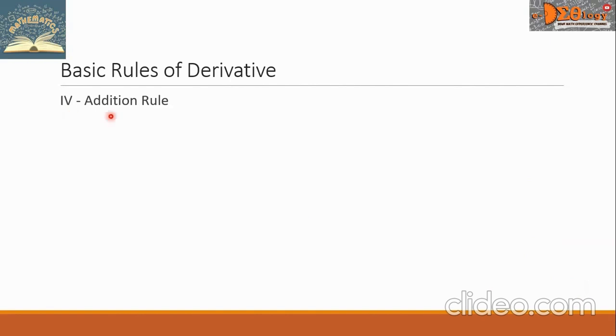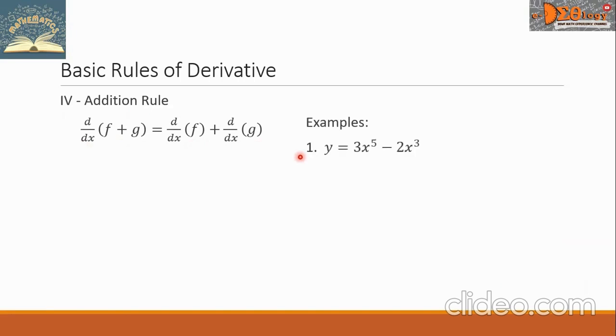Rule number 4 is about the addition rule. So we have d over dx of the two functions f plus g. So we have here the derivative of f plus the derivative of g. Let's see this example 1. y equals 3x raised to 5 minus 2x cubed.